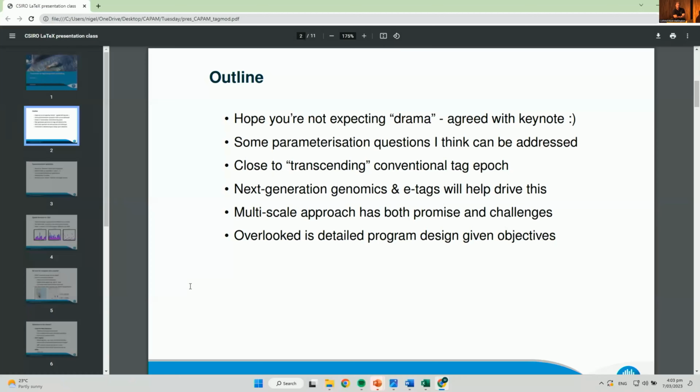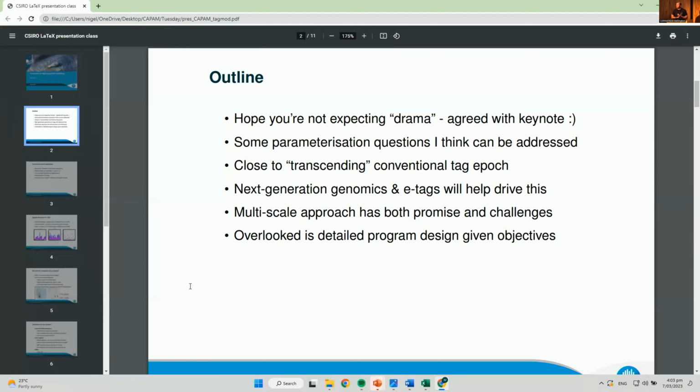I think transcending is a dramatic word, but we are getting closer to moving on, if that's the right word, from conventional tagging. Genomics and e-tagging technology is really moving forward, and also the cost of being able to do it is getting much better. So I think we're getting close to moving to that magic happy land where it's not just conventional tags.